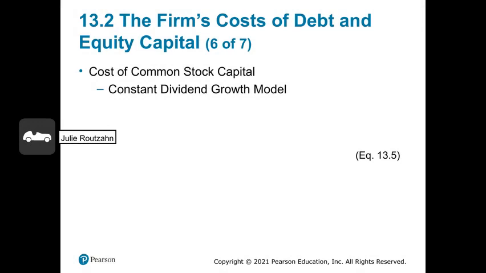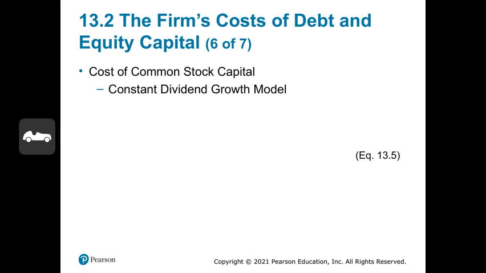Another model that we can use to calculate the cost of the equity is the constant dividend growth model. So again, we're taking the information that we had in a previous chapter and just rearranging it to get the cost of the equity.